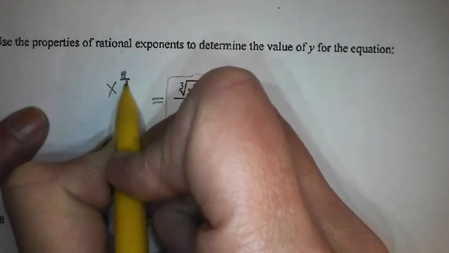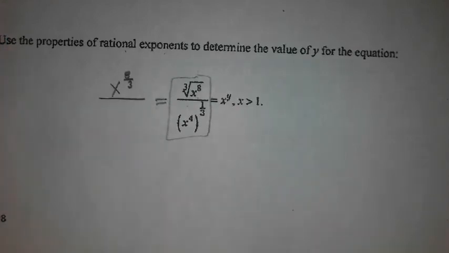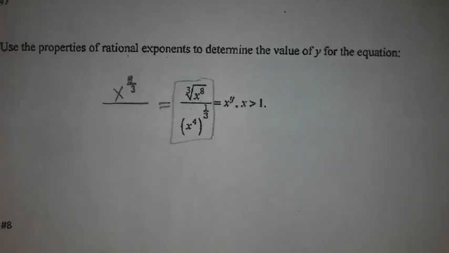Perfect. 8/3. So now it's in exponential form up top. The denominator is already in exponential form, but I can already apply an exponent rule. What can I do right now to the denominator? What can I make x to the 4th to the 1/3 into, Cameron?